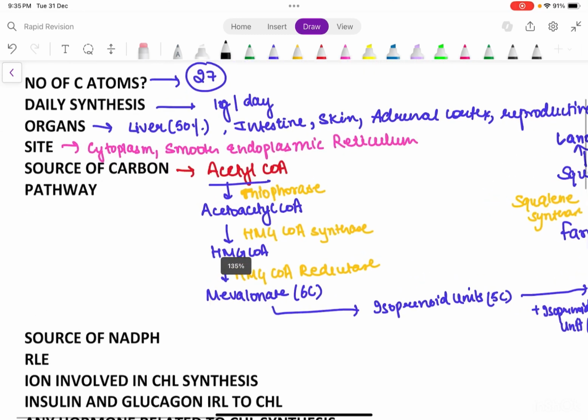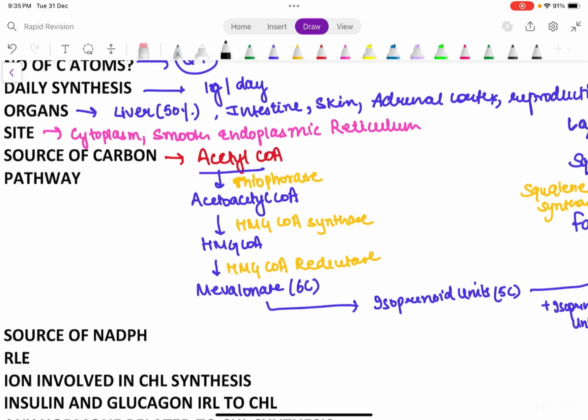So in this whole pathway, there is only one ion you need to remember, which is magnesium. And you need to remember NADPH, which is needed. Then you need to know that this is our rate limiting enzyme and this is our committed step.